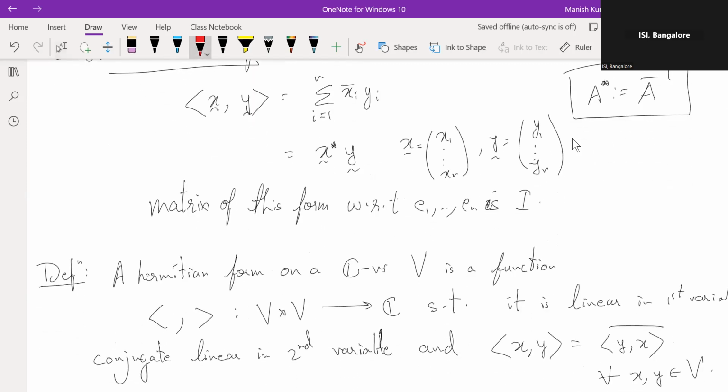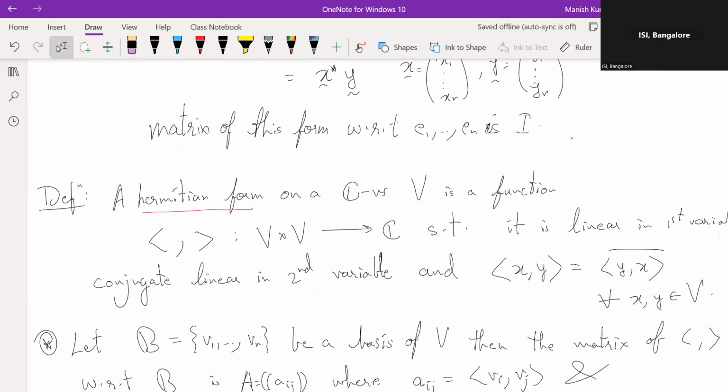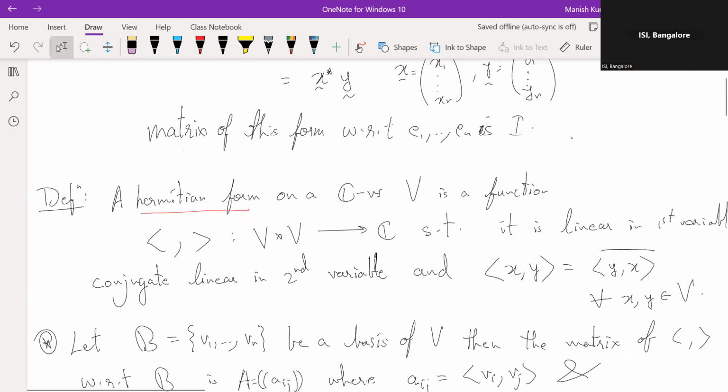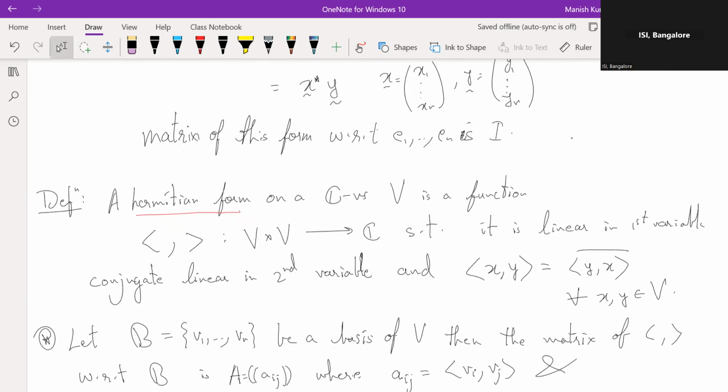A Hermitian form on a complex vector space V is again a function from V cross V to C, such that it is linear in the first variable and conjugate linear in the second variable.